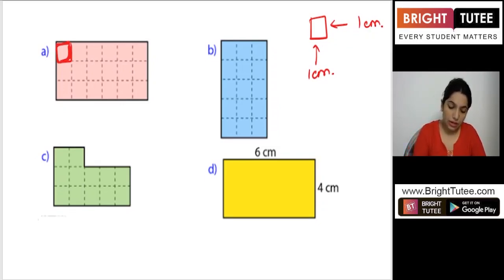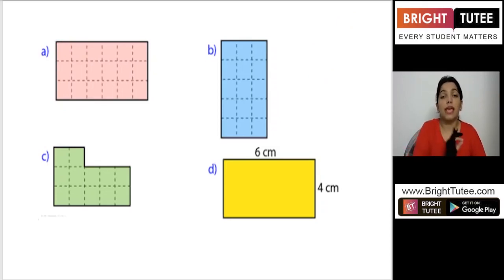Clear? Now we are going to use this square to find the area of this shape. It's very easy to calculate when you are given such a shape. You just need to count the number of squares in the shape. So it's 1, 2, 3, 4, 5, 6, 7, 8, 9, 10, 11, 12, 13, 14, 15, 16, 17, 18.